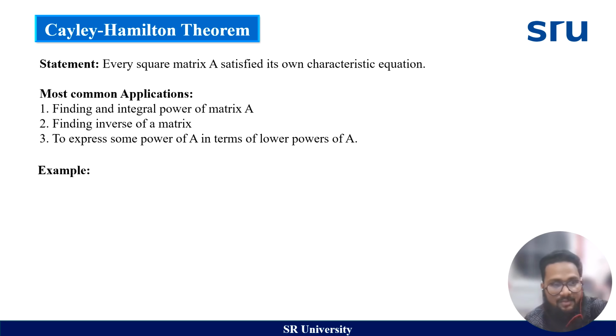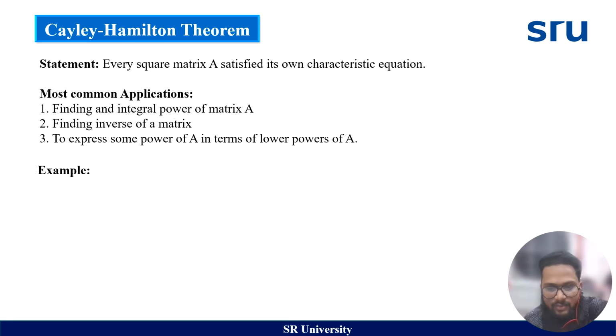Now, what is the application of this? It is very useful for calculating integral powers of a matrix A. Sometimes calculating A cube, A power 4 or A power 5 manually is difficult, and this helps. Second, it can be used to calculate the inverse of a matrix.